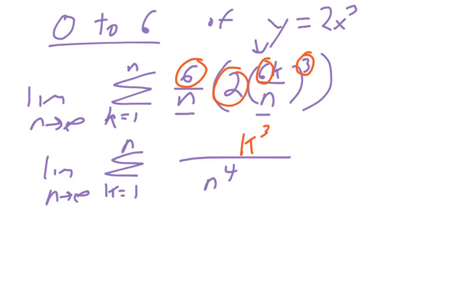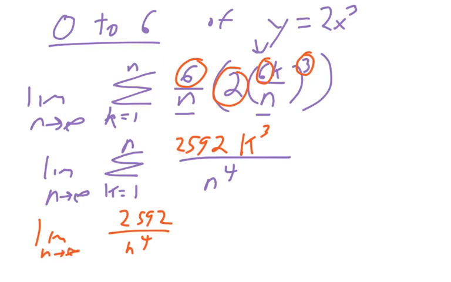So 6 times 2 times 6 to the third is 2,592. I'm going to take the 2,592 over n to the fourth on the outside, and then I'm just going to be left with the sum from 1 to n of k to the third power.